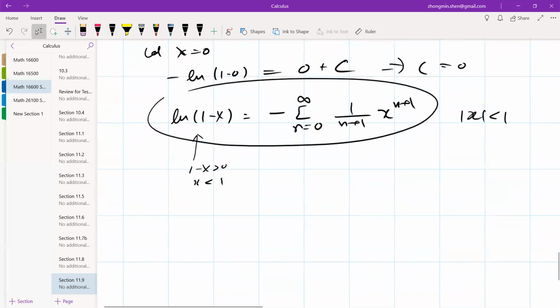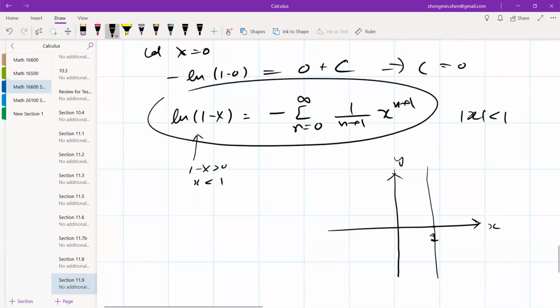For the natural log function, this is the x-axis, this is the y-axis. How do you draw the graph? Let's draw the graph of natural log of 1 minus x. When x equals 0, it is 0. When x is close to 1, it's going to be negative.